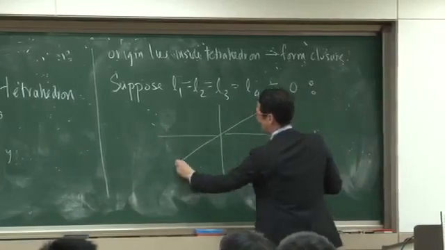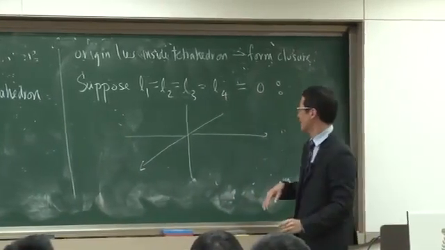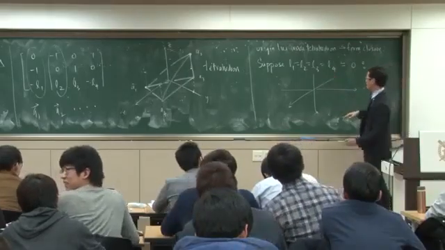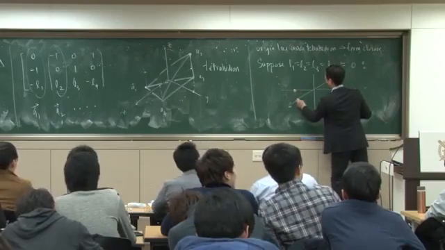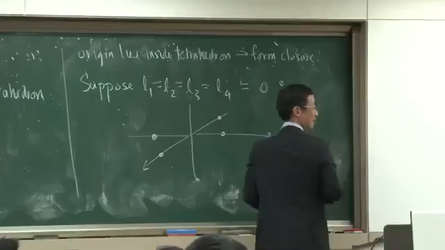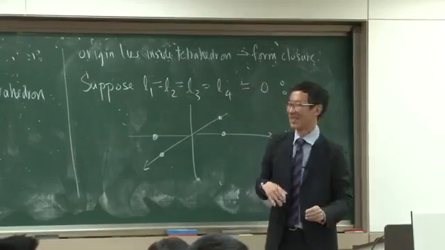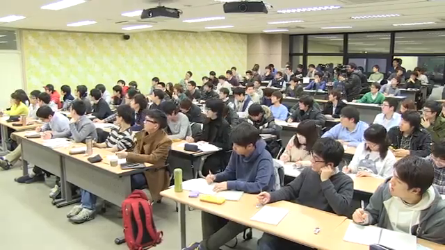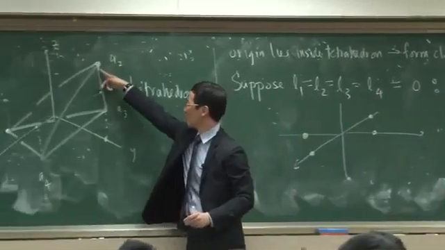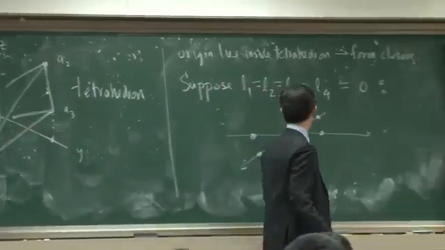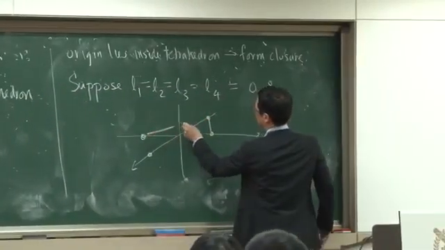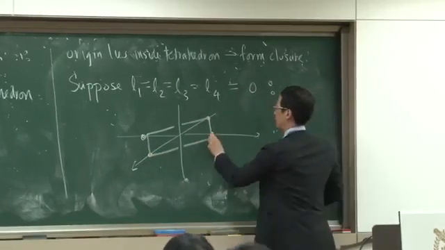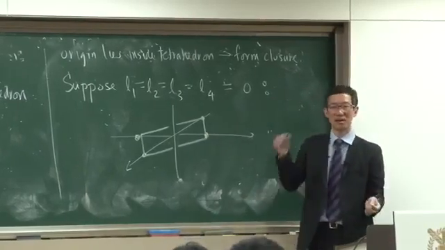If L1, L2, L3, L4 are 0, what happens to these points? These points all drop to the xy plane, so the tetrahedron now becomes a square.